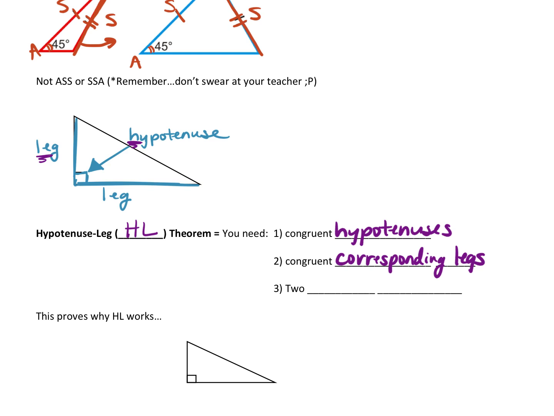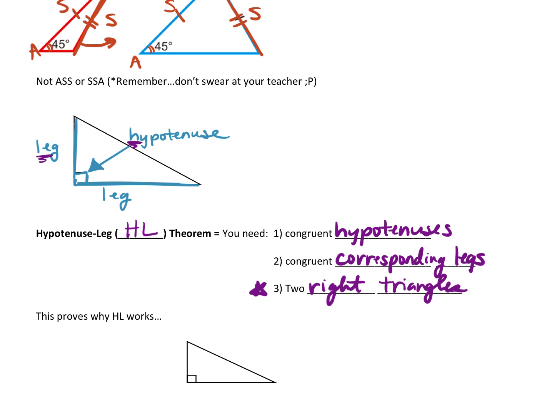And you have to know that you have two right triangles. And that's the one that doesn't show up in the H and the L, right? But because it's an H, a hypotenuse only exists in a right triangle. So if you're going to use HL, we have to know that we have right triangles, so we can say the hypotenuses are congruent and the legs that correspond are congruent, okay?